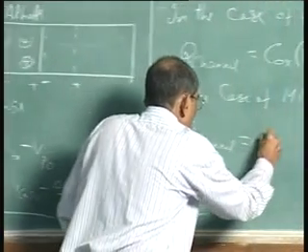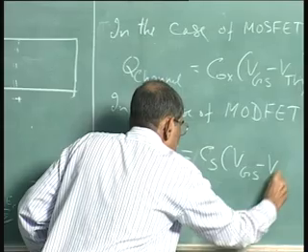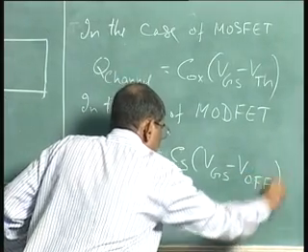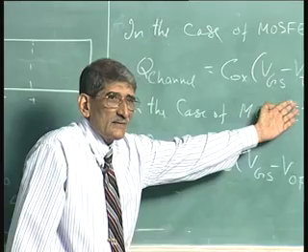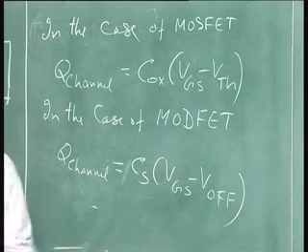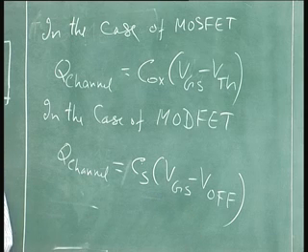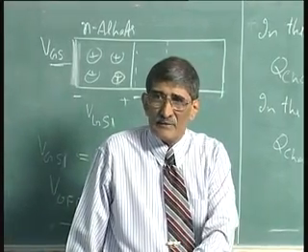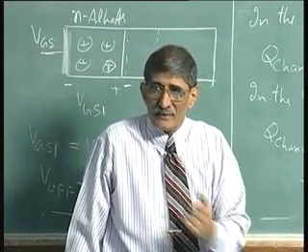So, this will be CS into, just notice the difference. You call it threshold voltage there, but here you do not call it the actual threshold voltage, we call it the off voltage, the voltage that you must apply to turn off the channel, because there will always be an inversion, there will always be a channel there because of the 2DEG layer.